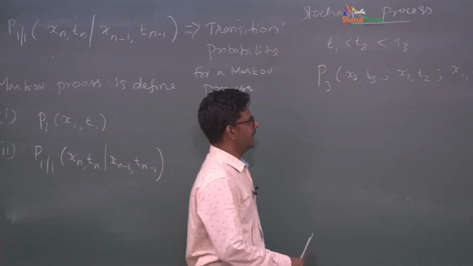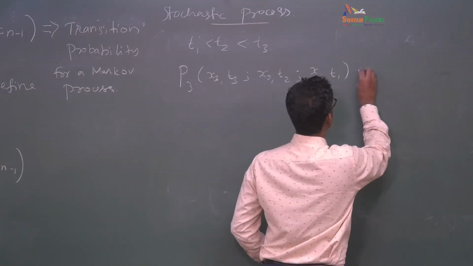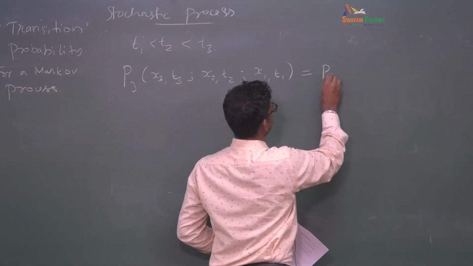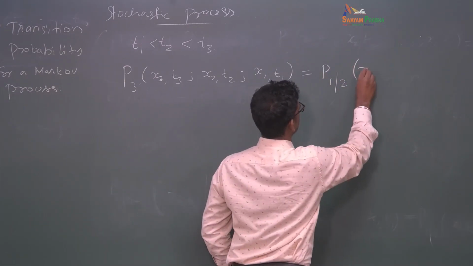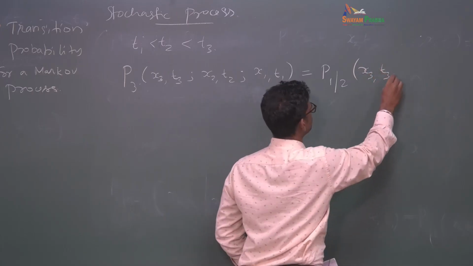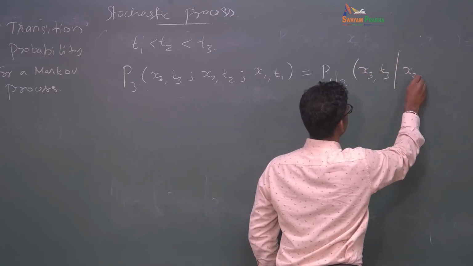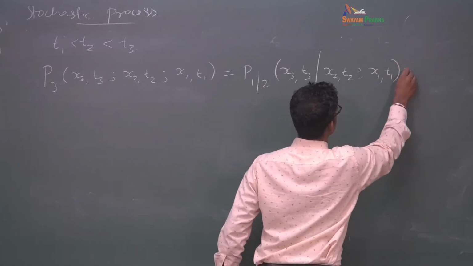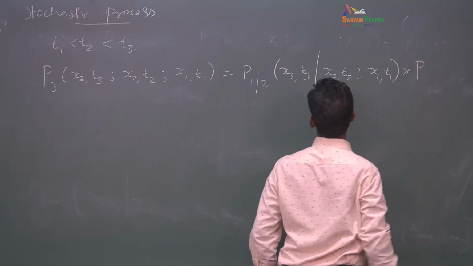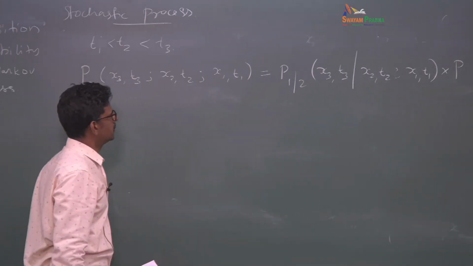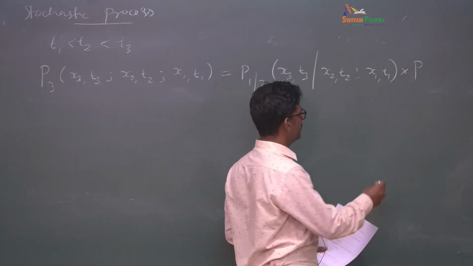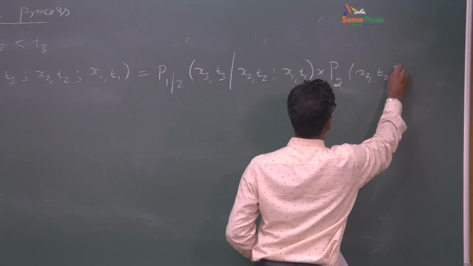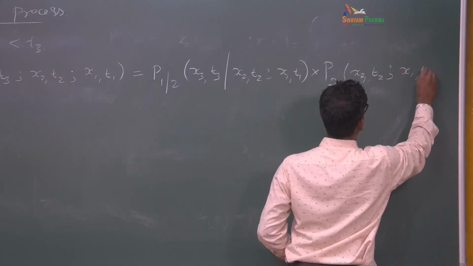Now, we can write this as the following: we first say P1|2 of x3, t3 conditioned on x2, t2 and x1, t1, times the probability P2 of x2, t2, x1, t1.